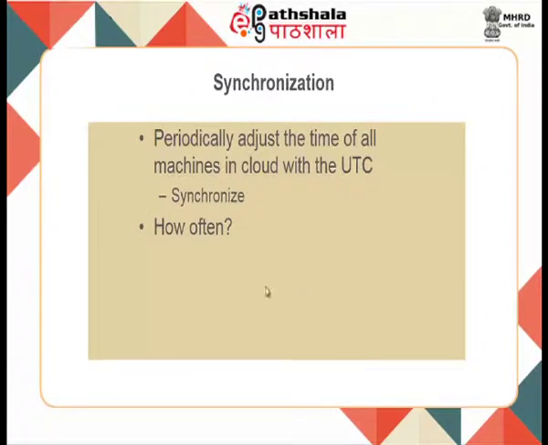So, there are various questions that come out of this. How often should one synchronize, and is there a specific algorithm using which we can do the synchronization? And the final question, of course, is does it actually work? That is what we are going to find out, whether it actually works in a real life environment.